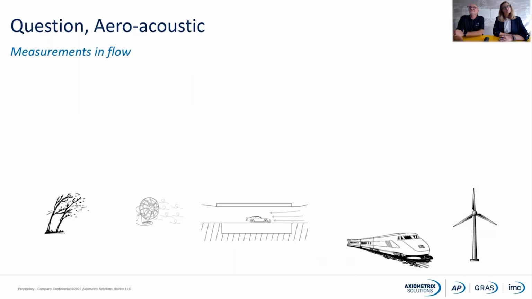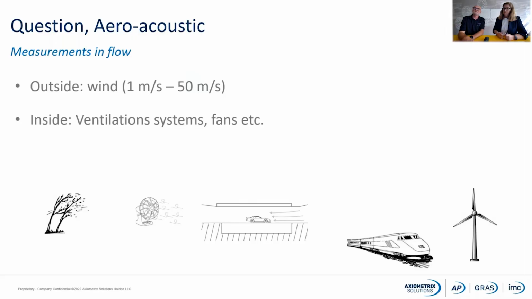Let's have a little look in general at measurements in flow. When we're doing measurements outside on a nice day as we have here in Denmark today, then we have some wind, and it could be wind with a flow speed of 1 meter per second up to maybe 50 meters per second.